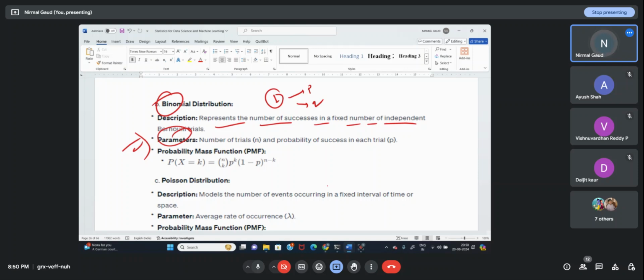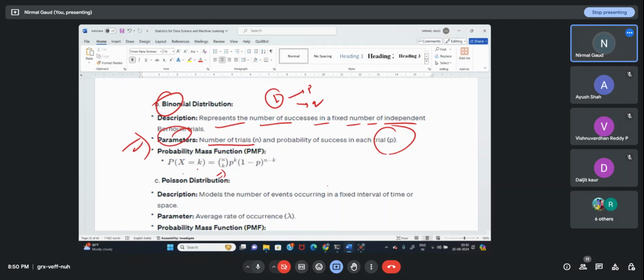If you are doing n trials, that means you are tossing or rolling a die 10 times, n equals 10. And p is the probability of success, same as in Bernoulli. Failure is q.